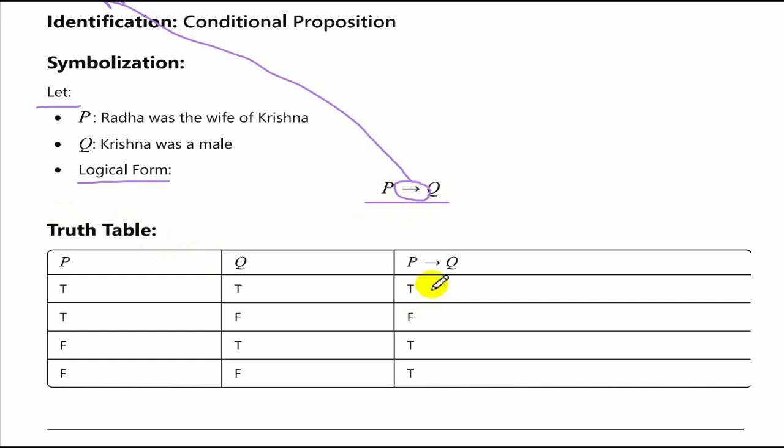For this truth table, P implies Q is false only when the first part is true and the second part is false.